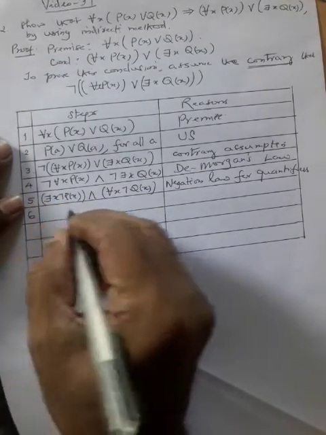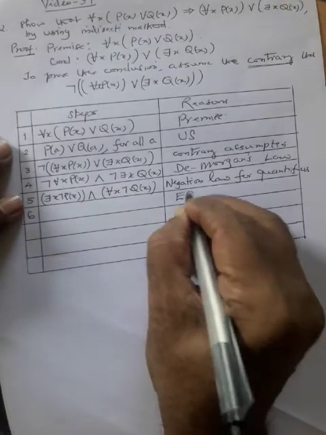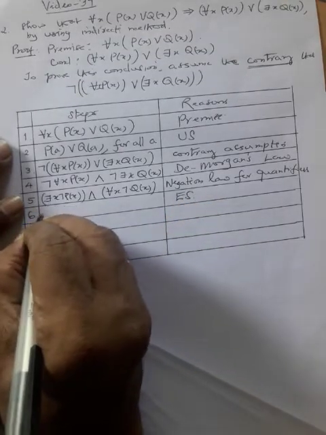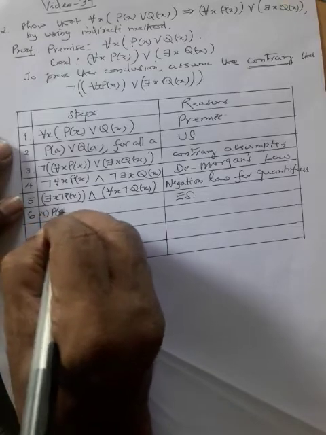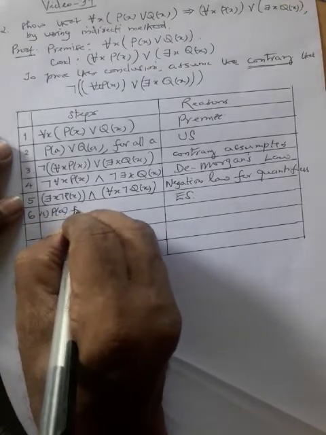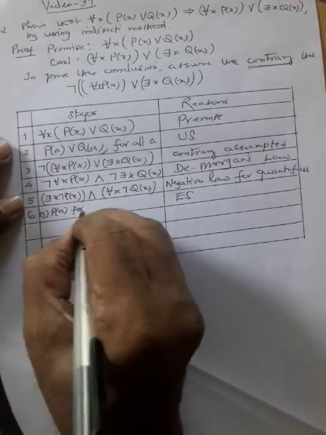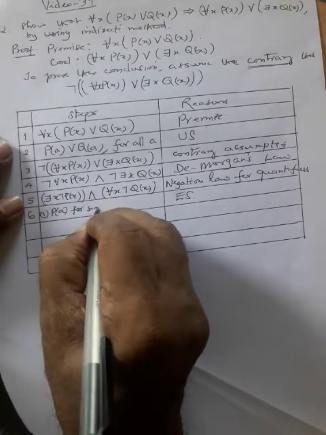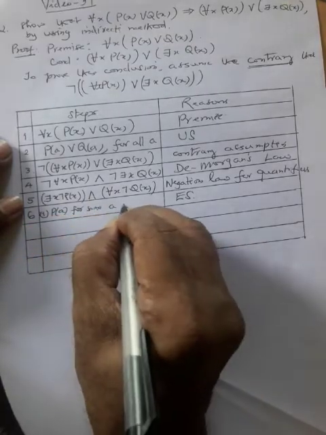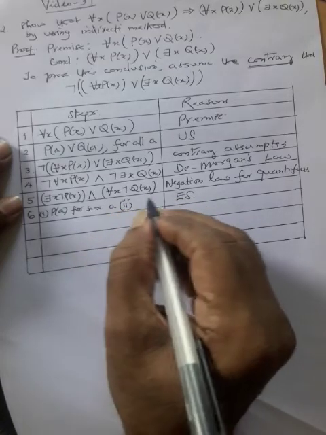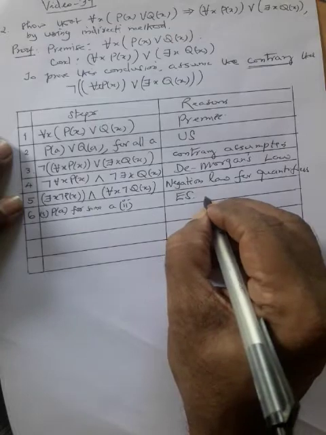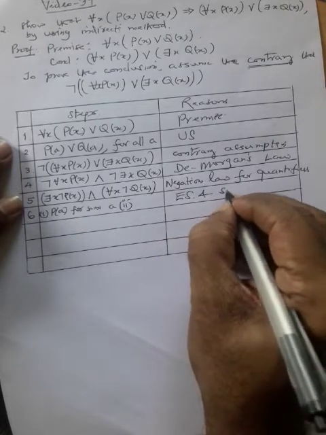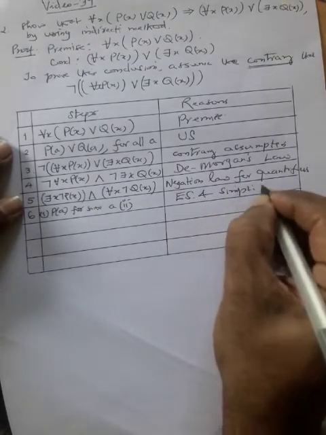Now we will go to existential specification. That is, there exists a, meaning negation p of a, for some a. Second one, this is universal and existential specification and also simplification.